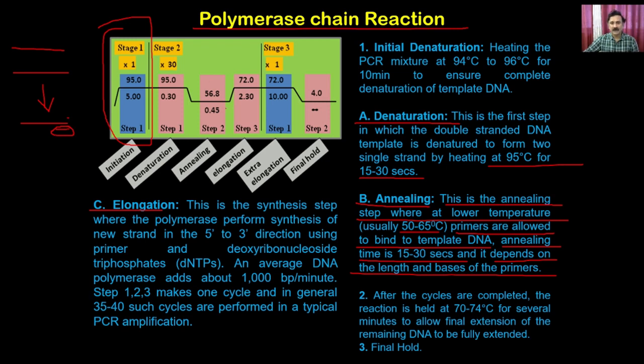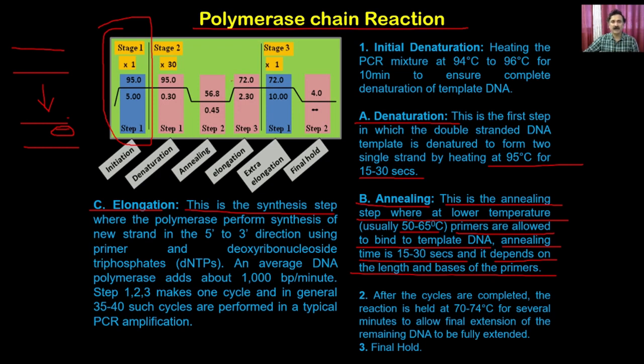Now, once the annealing is over, you can increase the temperature further so that the DNA polymerase will sit on the template. Apart from this, you are also going to have the other strands, and that strand can again form the double helix.